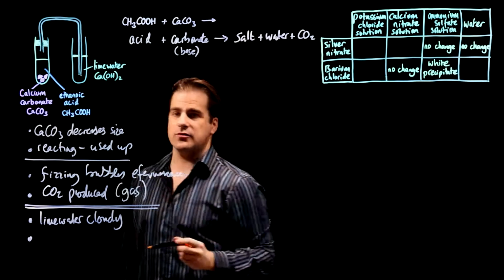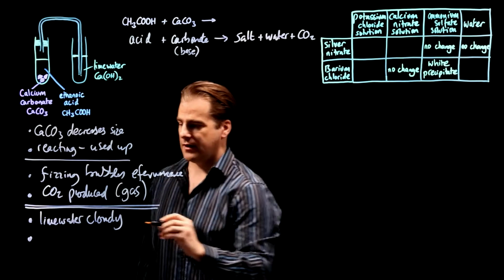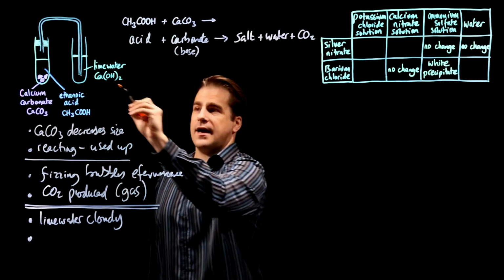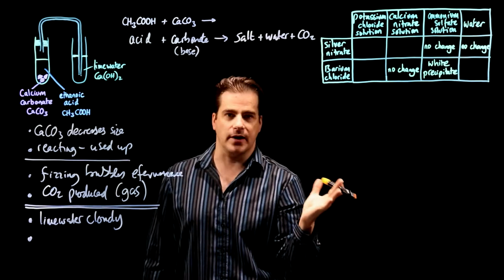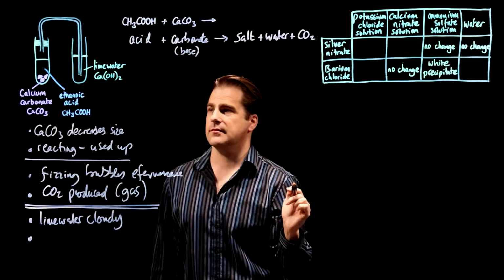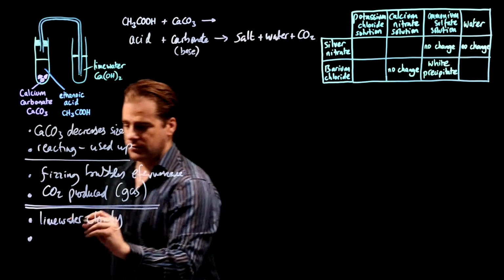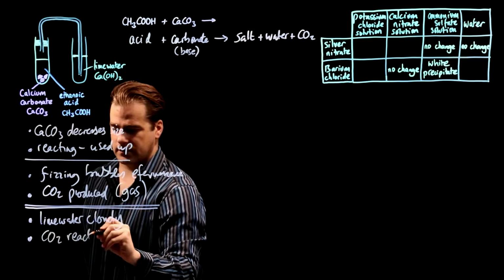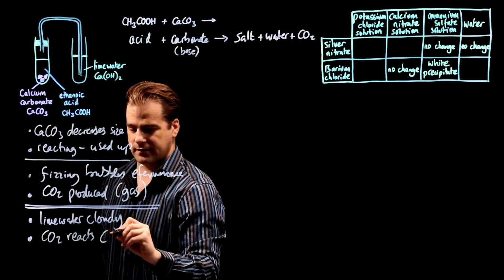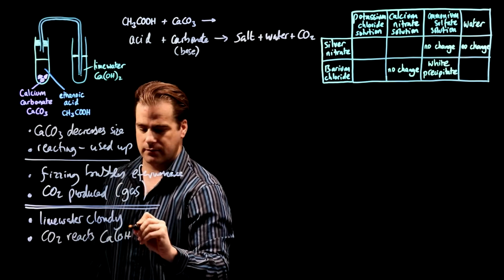So the reason the lime water turns cloudy is that the CO2 reacts with the calcium hydroxide. Lime water, it's calcium hydroxide, basically, okay? So you would say that the CO2 reacts with the calcium hydroxide.